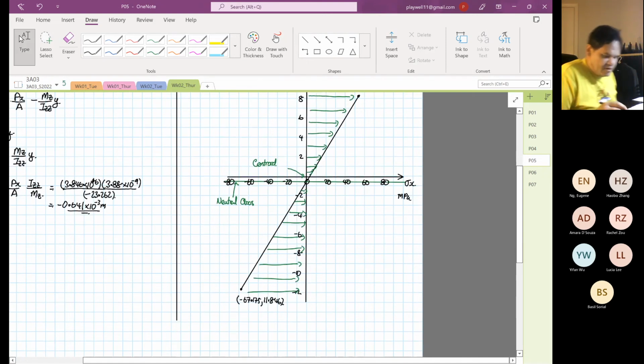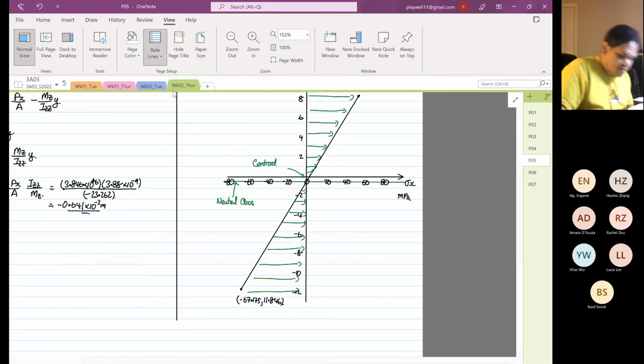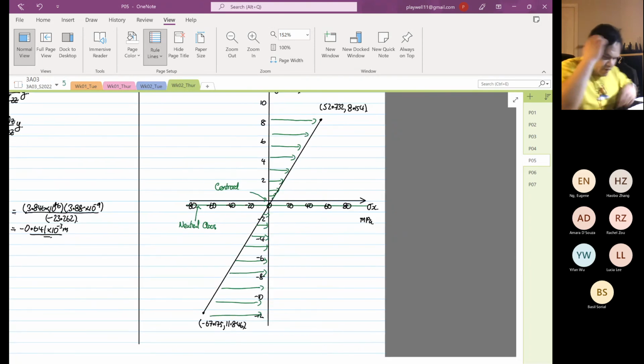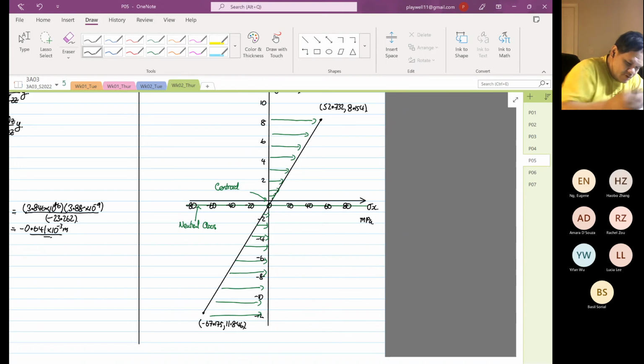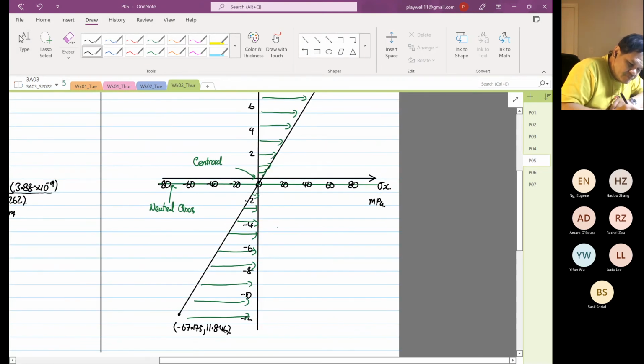Right? So from here, we can use a very simple method to find where the y, or the position of the neutral axis, is. Okay, so we know that the function is y is equal to m stress x plus c.